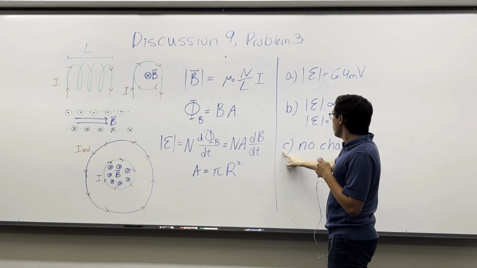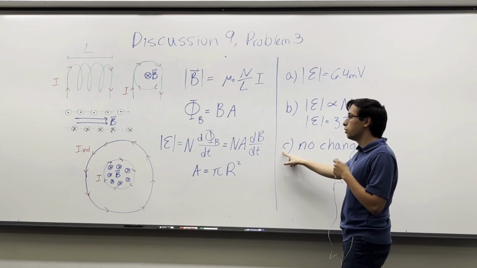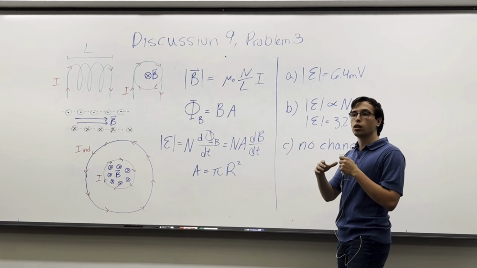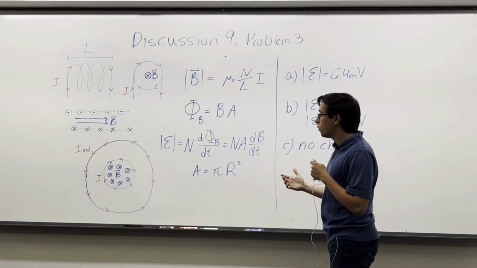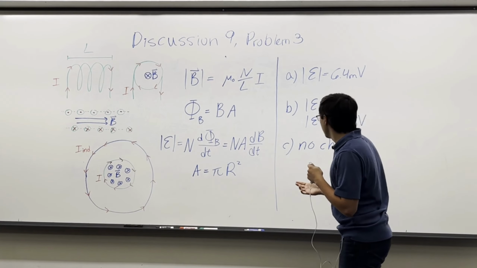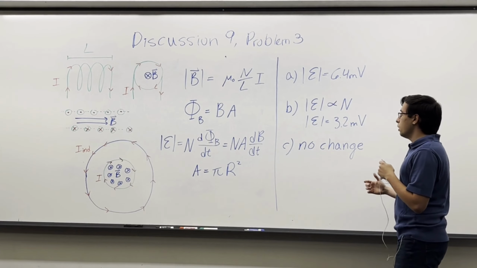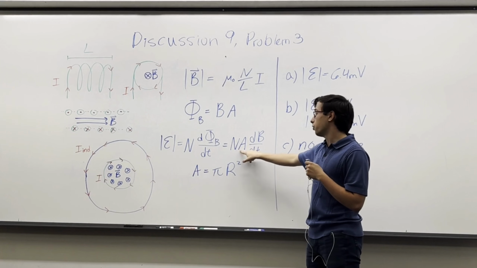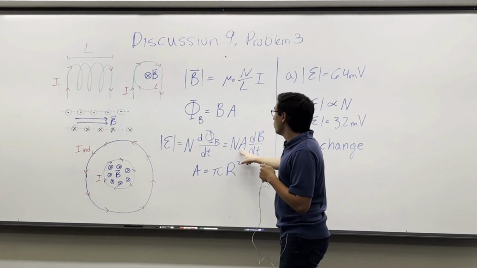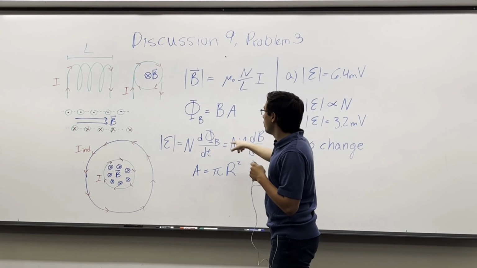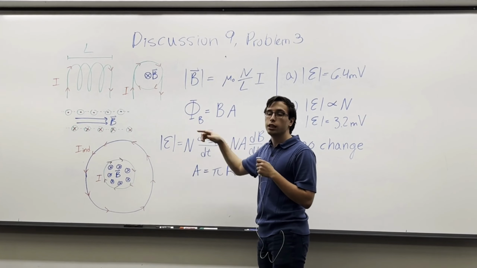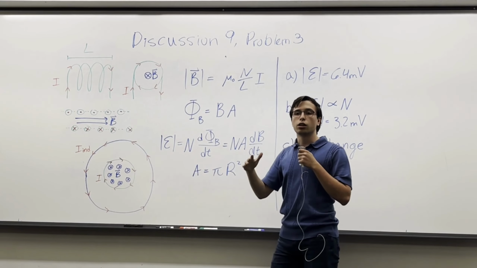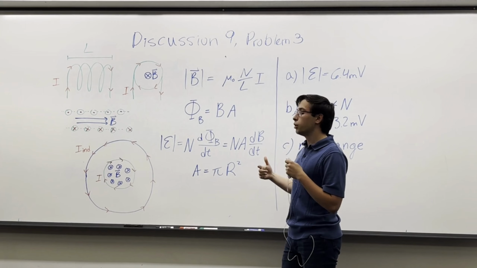In part C, we're asked about what happens if we make the outer coil larger, meaning the radius increases. And so this is going back to the question of what A refers to in this problem. So in general, for the flux, we care about the entire area enclosed by our wire loop.